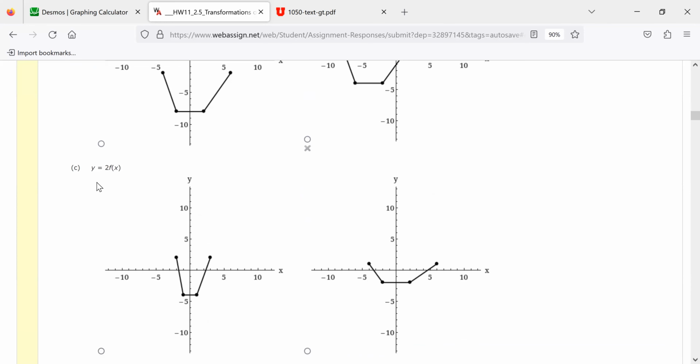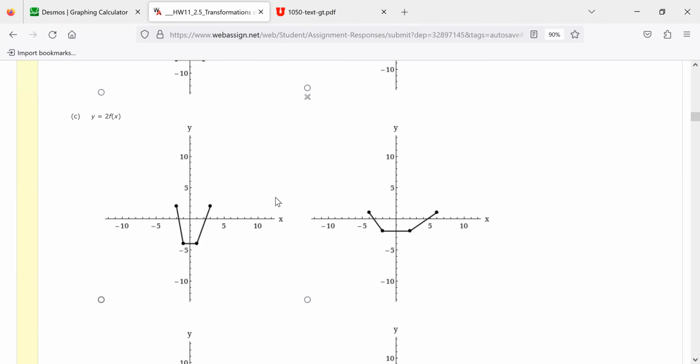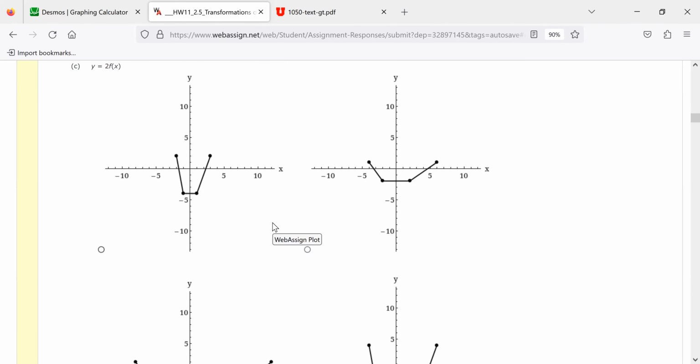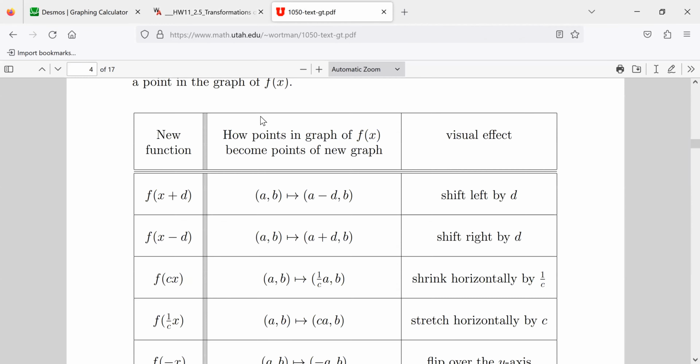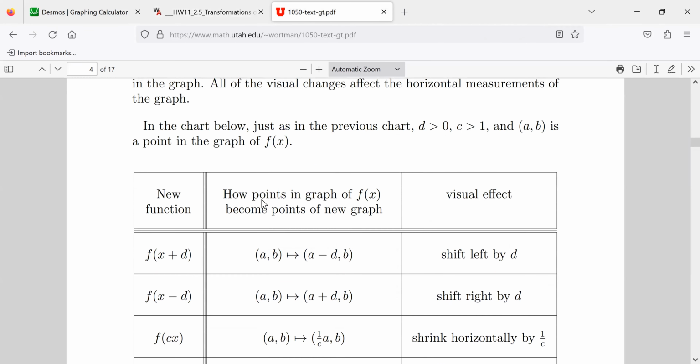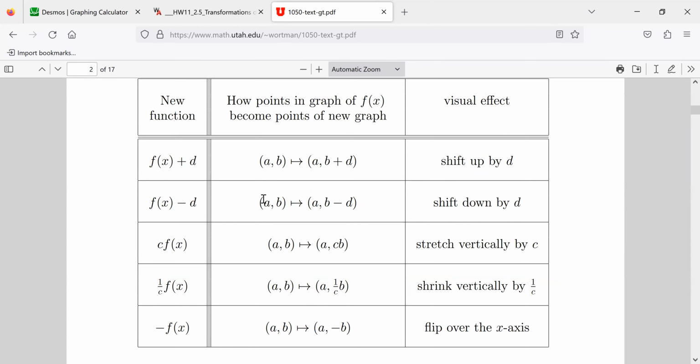Okay. Times 2. What does this do to your y values or your function? I said we have a number, not a fraction. It's going to multiply all the y values, right?